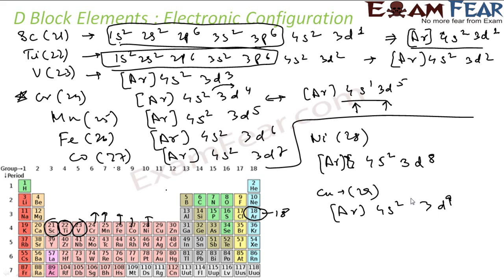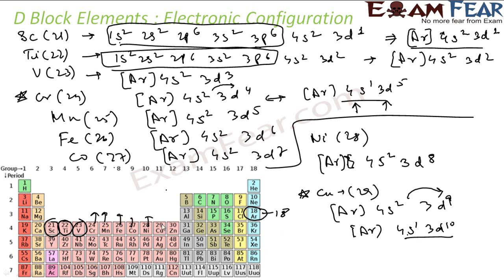But here also, if one electron jumps from 4s to 3d, and since the energy difference between 4s and 3d is not that much, you get a more stable configuration. Here 4s is half filled and 3d is fully filled. So this is what you get for copper.